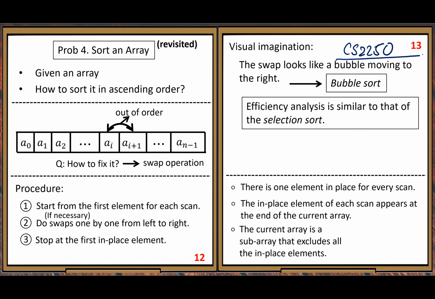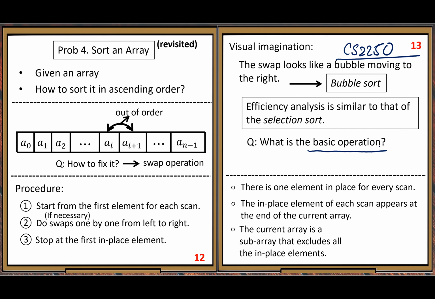So the question: remember, we learned a concept before, the basic operation concept. What is the basic operation in this bubble sort? The basic operation is the operation that contributes the most to the running time.